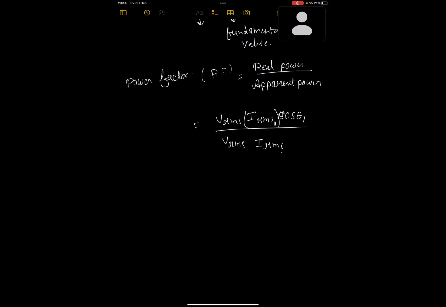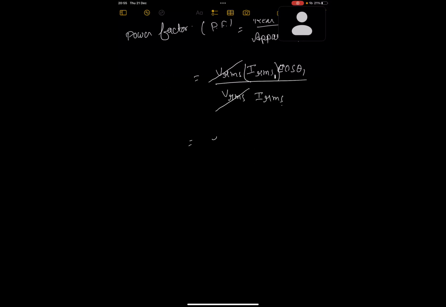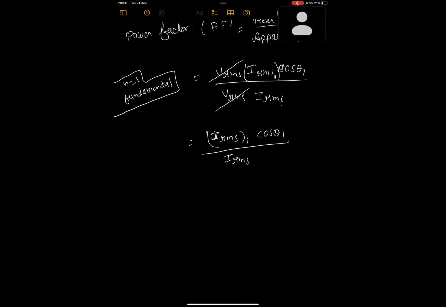So in the power factor, V RMS and I RMS cancel out. This will become I RMS value of fundamental, for n equal to 1 means fundamental, cos theta 1, by I RMS.